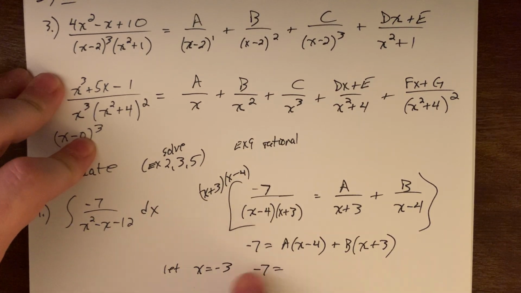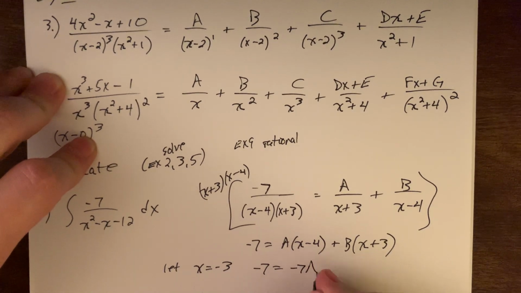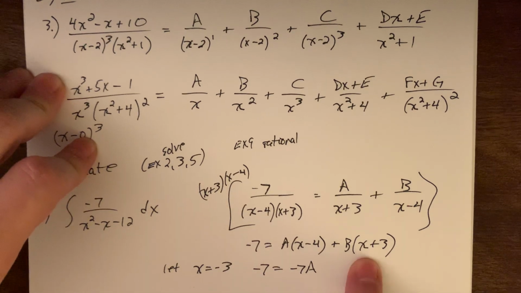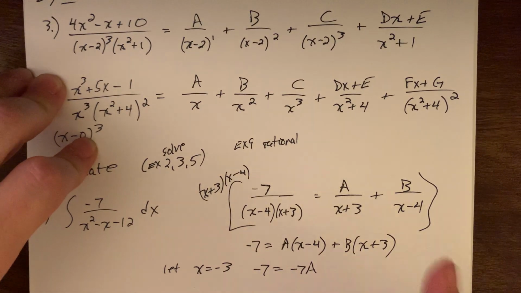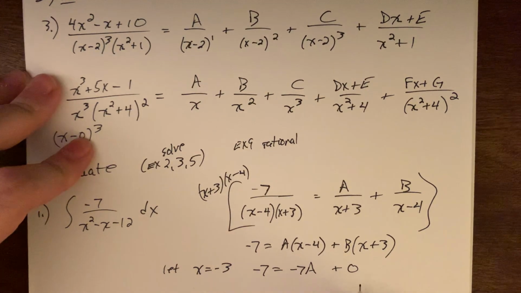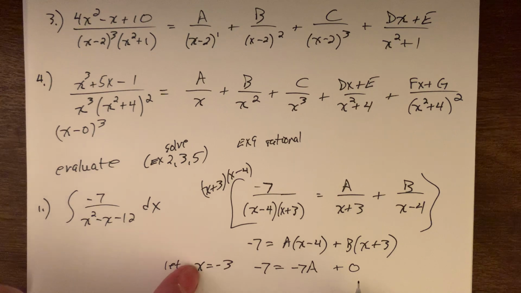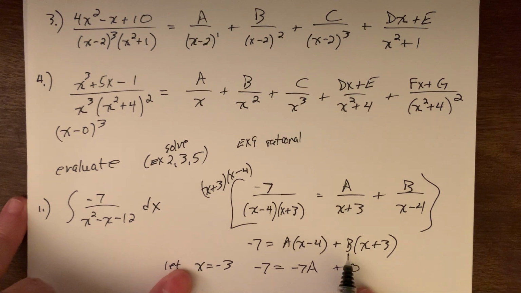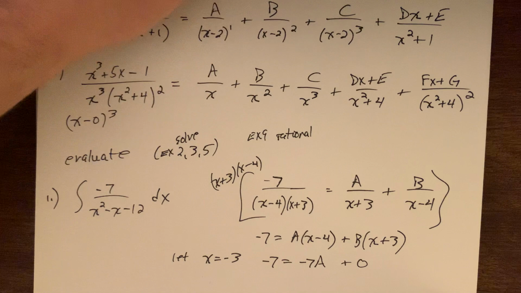Over here, I would plug that in. -3 minus 4 is -7, and that's still times A. But over here, -3 plus 3 is 0, and 0 times B is 0. That's the idea of the clever X. You plugged in a value for X, so that variable is gone. You still have some variable left, but the other variable, or others, plural, go away.